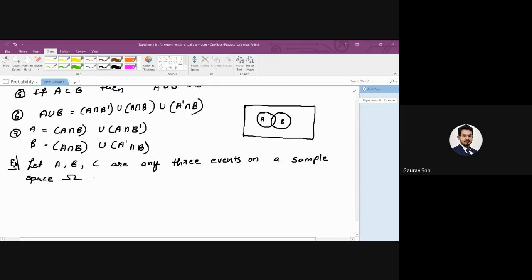Write expressions for the events. First one, at least one of A, B, C occurs. What will be the expression?